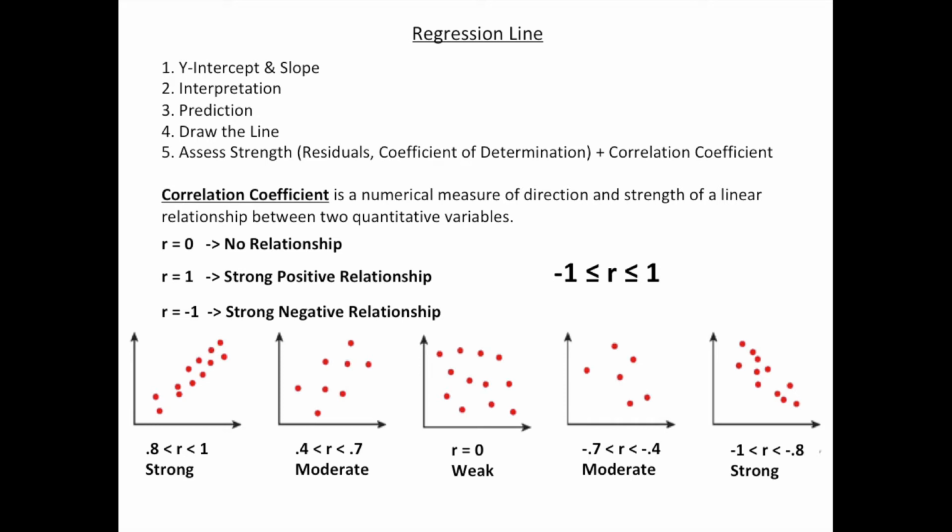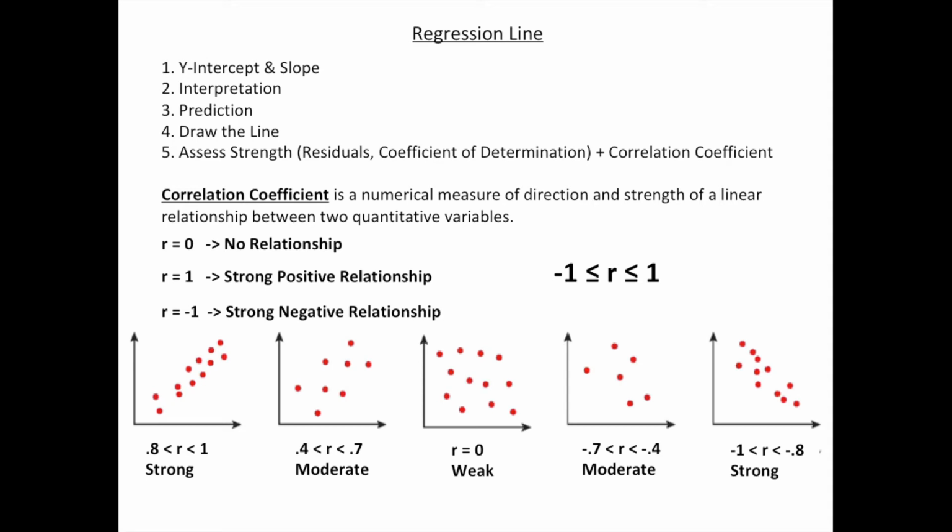In the moderate case, you want your r to fall somewhere between 0.4 and 0.7, and you adjust that value based on how strong the graph looks or how well the regression line fits the plot. When you see a ton of scatter and no direction, then you're going to have an r very close to 0, and it will have a weak relationship.